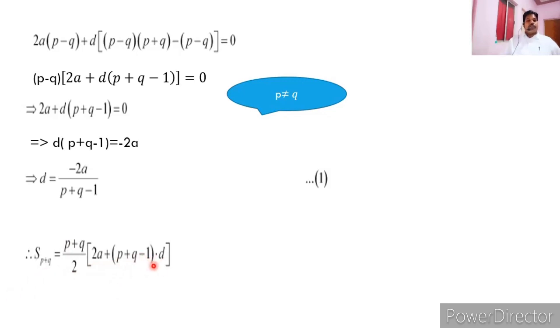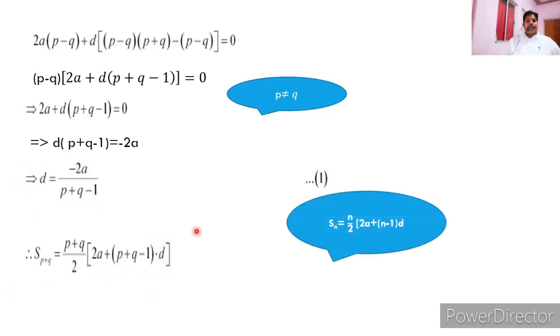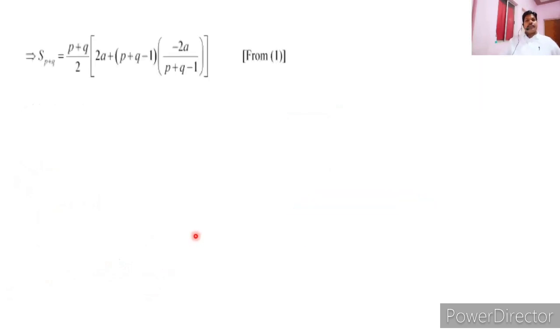In the question, we have already calculated the common difference: d is equal to minus 2a by p plus q minus 1. Just replace it here. The sum of p plus q terms is p plus q by 2 into 2a plus p plus q minus 1, and in the place of d, replace this value, minus 2a by p plus q minus 1.